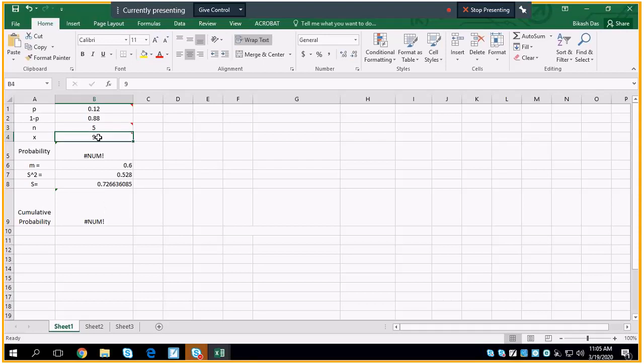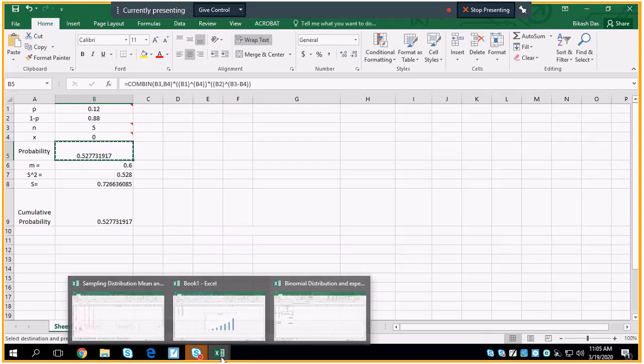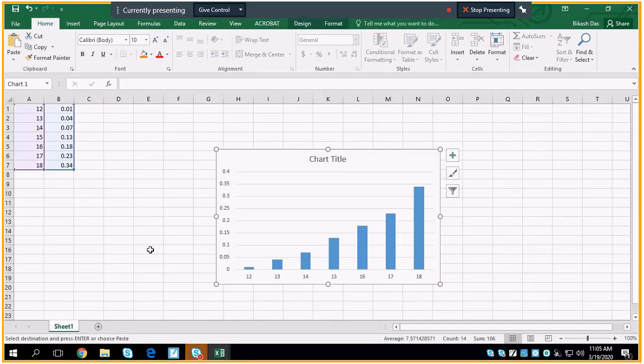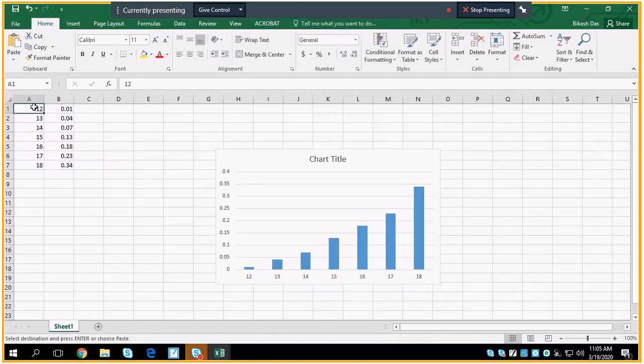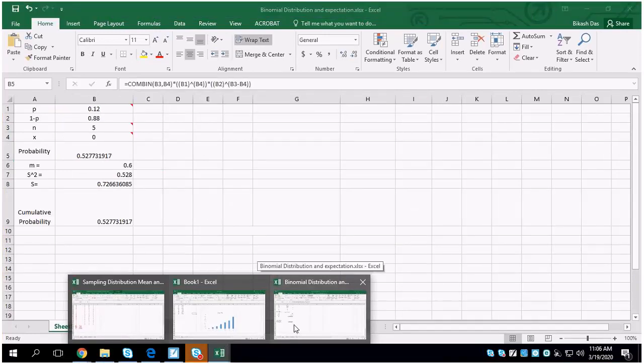Well, there could be 0 of them. And when I got 0, the probability that I found is 0.527731917. I will use the graph that I created last time and put the value of the probability, rounded to 4 decimal places. So I would say 0.5277.